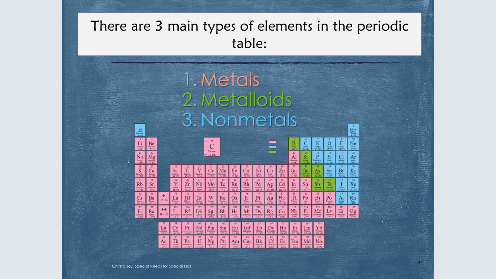The metalloids are the green, and the blue ones, even the hydrogen over there, are the nonmetals. These are gases and liquids. These are the hard things, those are the metals. And the metalloids are in between.